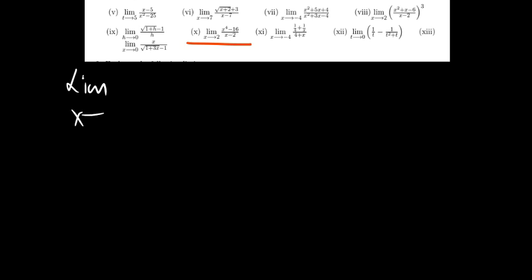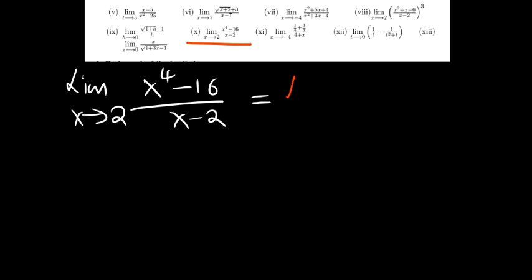The limit as x approaches 2 of x to the power 4 minus 16 over x minus 2. Here, if we substitute directly, you see that we have a 0 in the denominator.